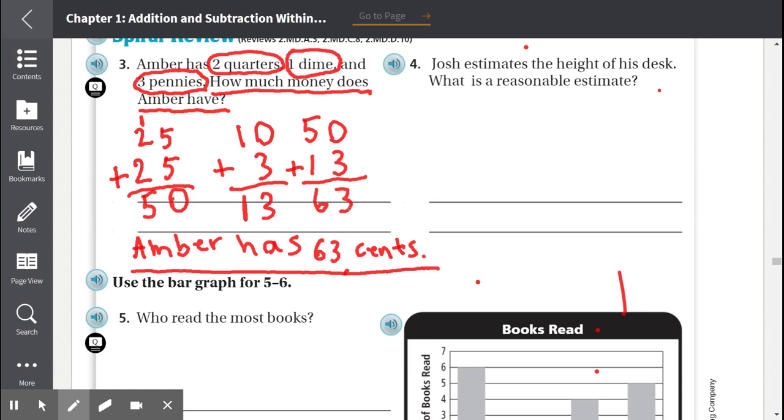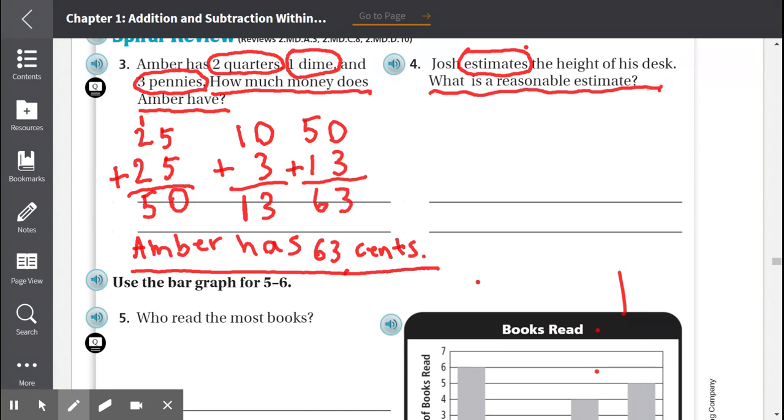Now, number 4. Josh estimates the height of his desk. What is a reasonable estimate? So let's see. We have a word over here. Now, what is a reasonable estimate?